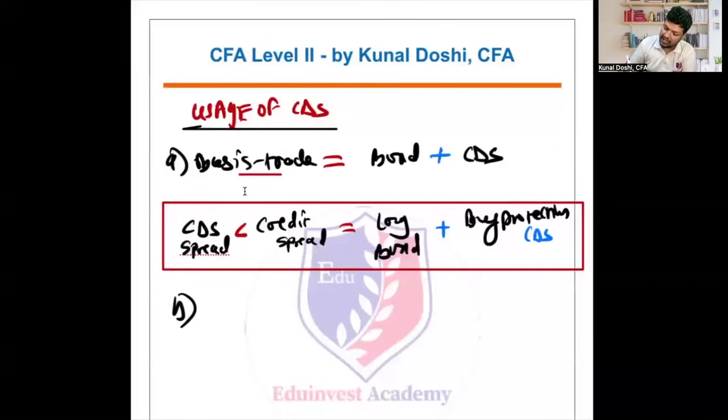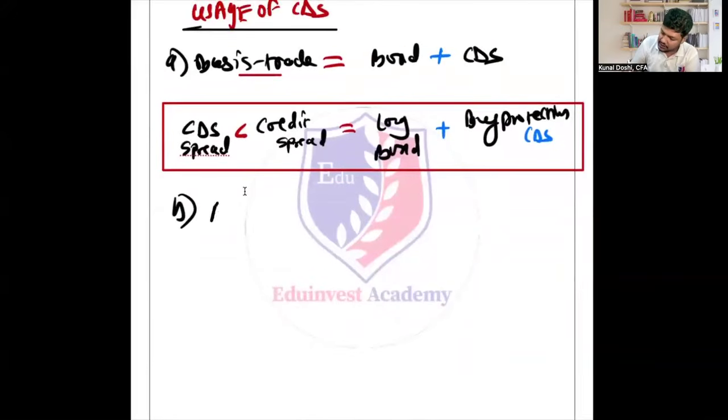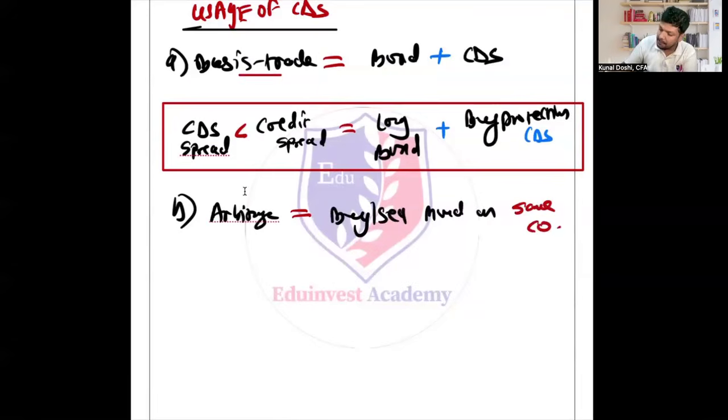So the second arbitrage strategy is where I buy and sell bonds on the same entity, the same company, correct? But by comparing with the market CDS, based on the credit spread in the market. So looking at the spread, you will see which bond is available at a better rate. You will buy and sell, but of the same entity, right?